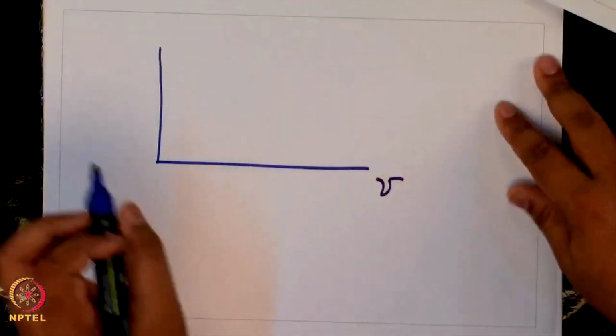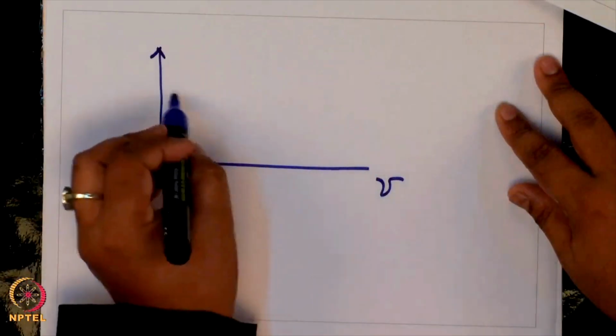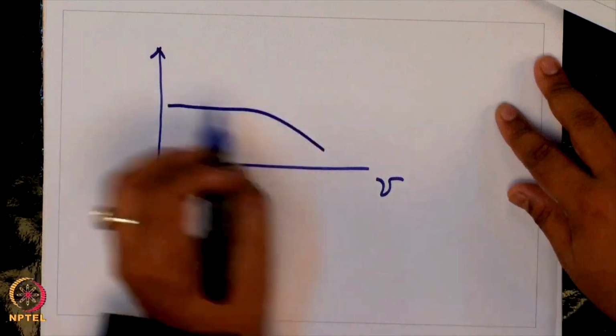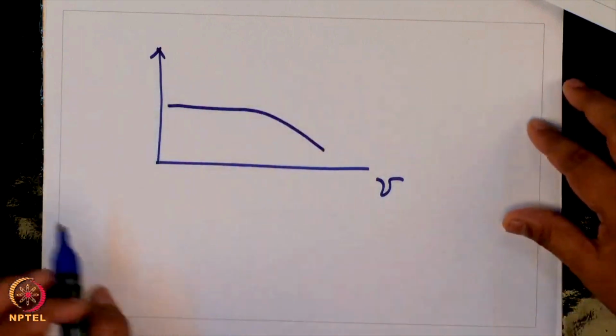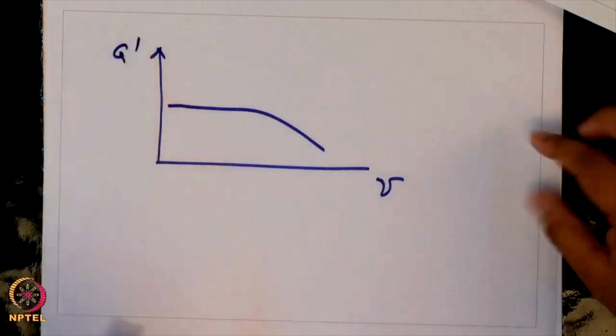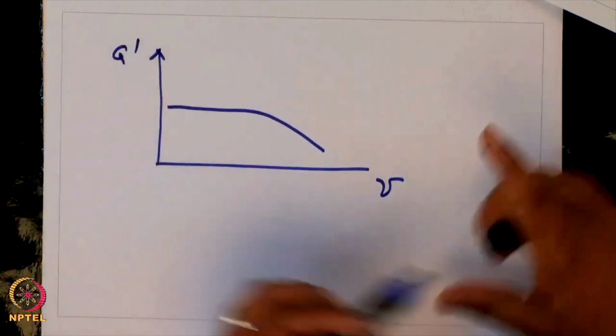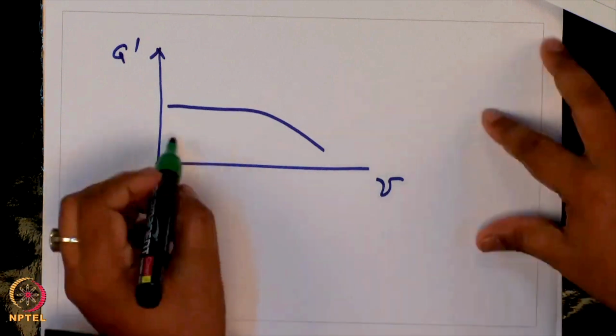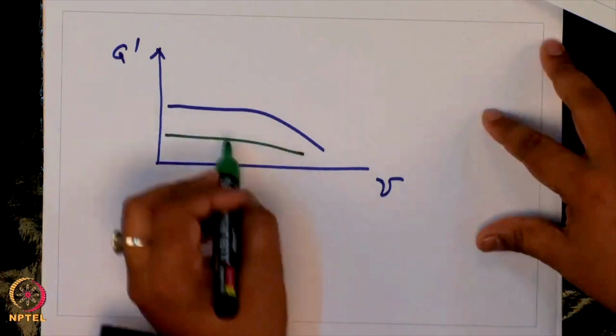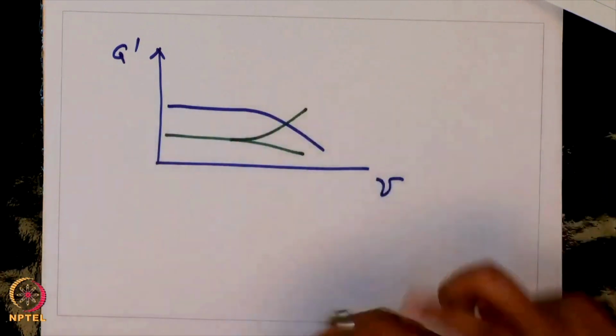So, here you have gamma. Okay. So, you might have a behavior like this. Okay. So, this let us say is g prime, and let us say I can also plot g double prime on this curve. No, actually, sorry.